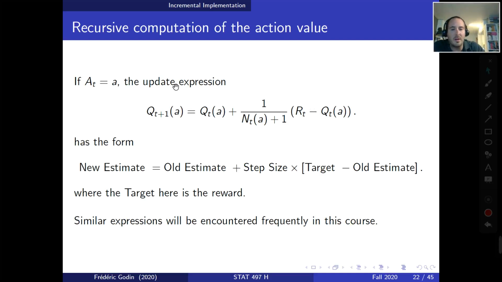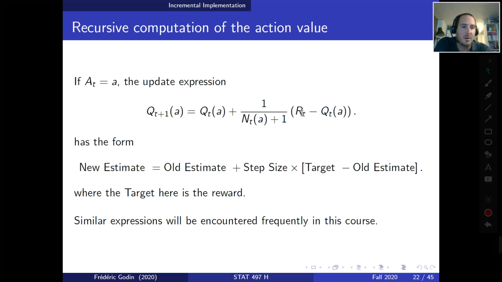So this formula has the following form: new estimate is equal to old estimate plus what we call the step size, times some adjustment, which is the target.